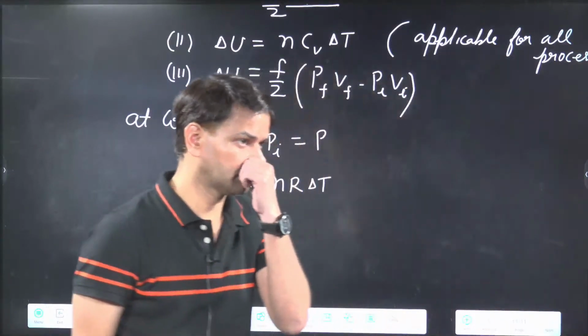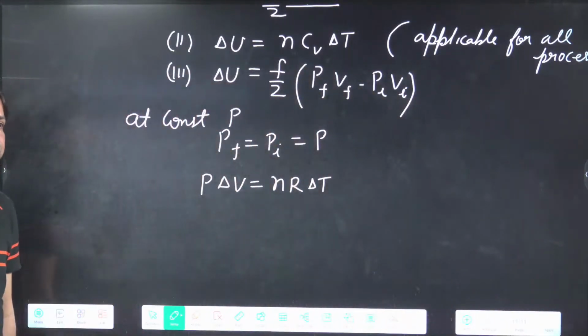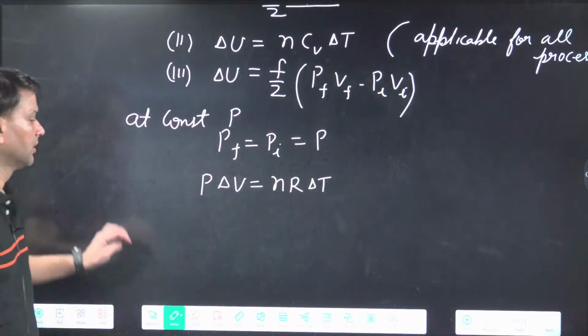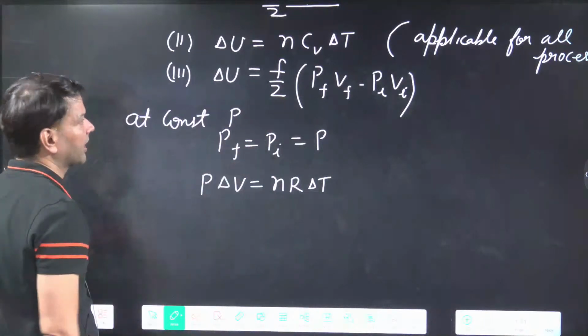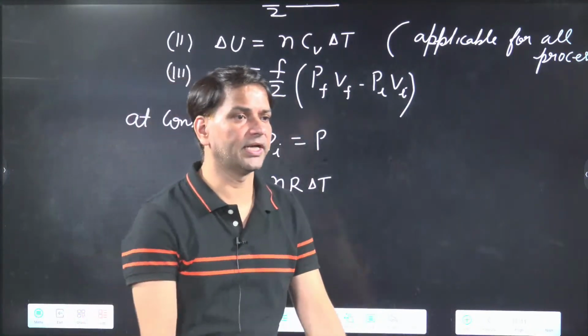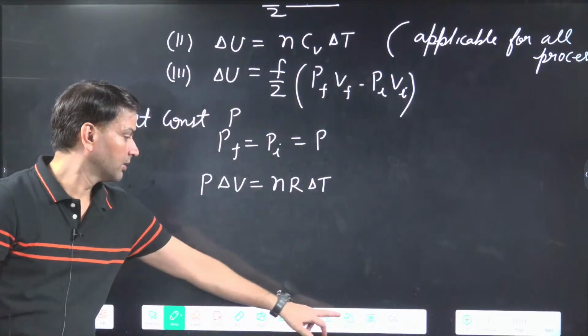Understood or not? So here we can write delta U is F by 2 P delta V at constant pressure.